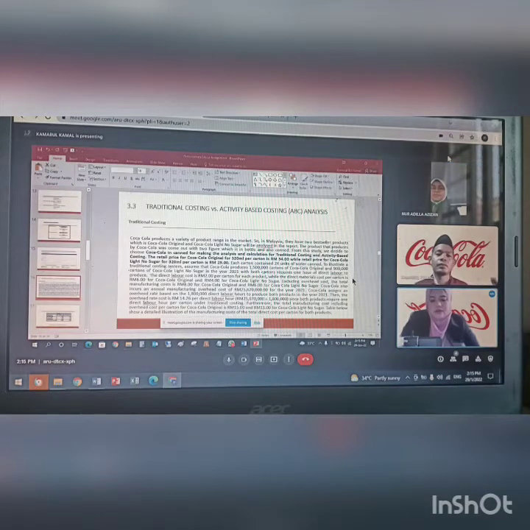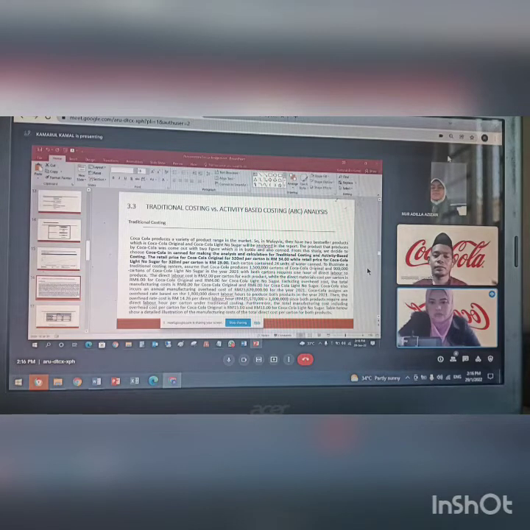Okay, next, for me as a planning manager, I chose the traditional costing versus activity-based costing analysis. For the traditional costing, we provide a variety of product range in the market. So Coca-Cola in can is used for making the analysis and calculation for traditional costing and activity-based costing.